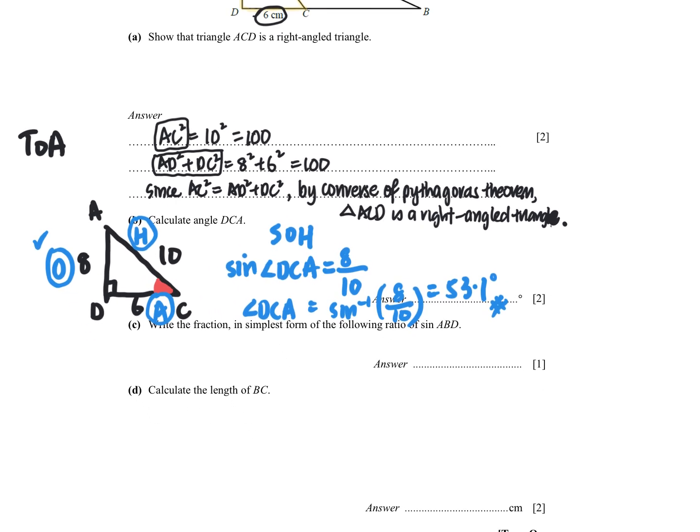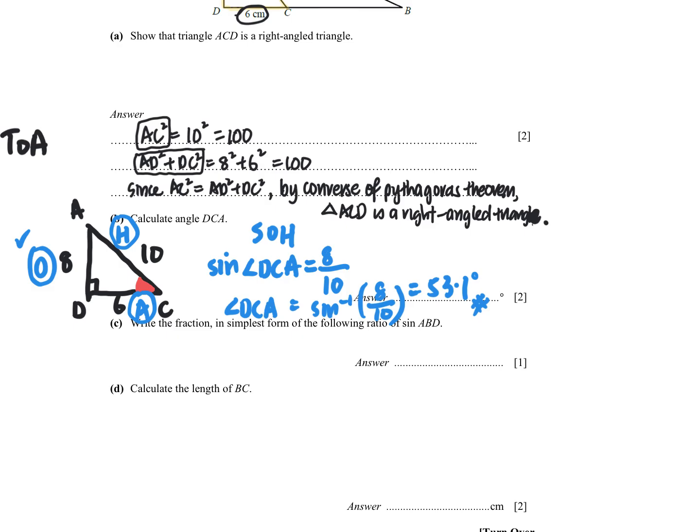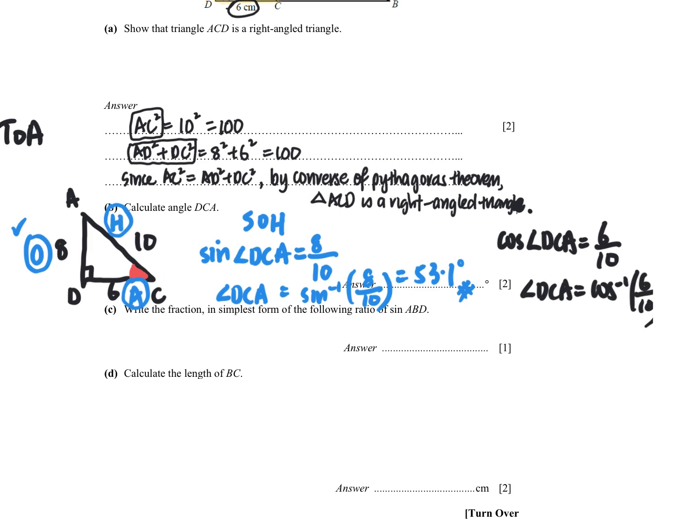Those of you who like other things like cosine, you will use A over H and then do the same thing. You will get the same answer, I assure you. Okay, so this one also can. If you like tangent, also will work.